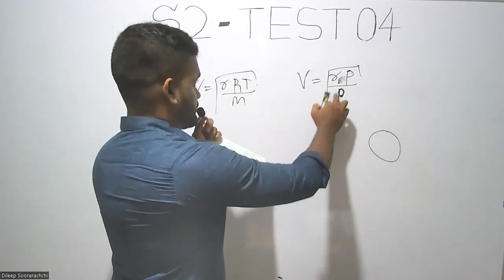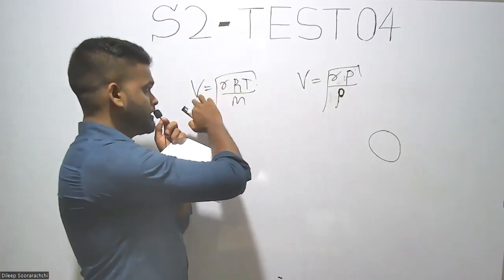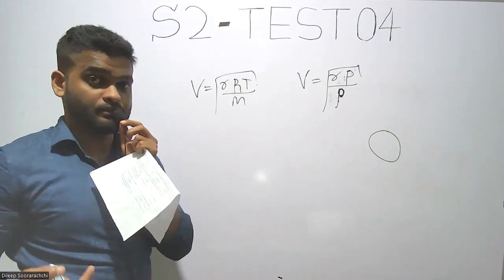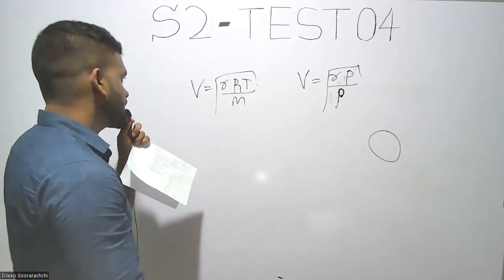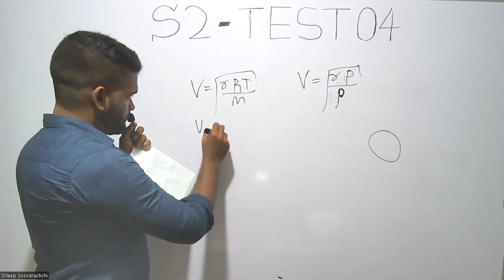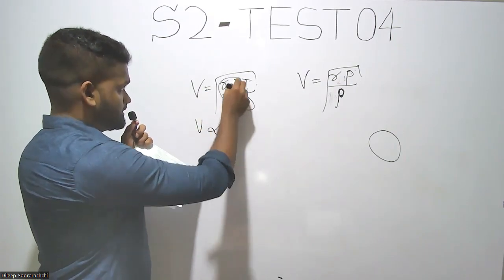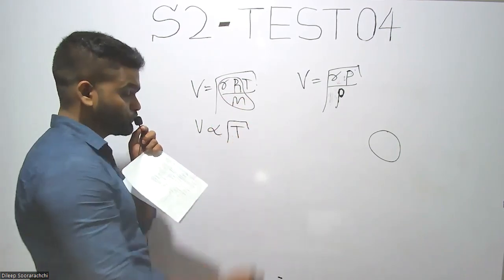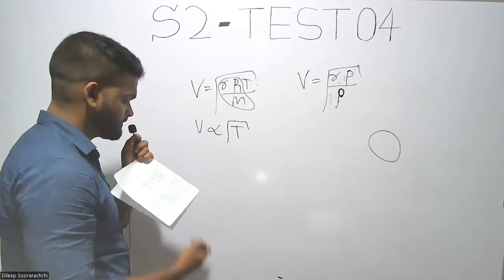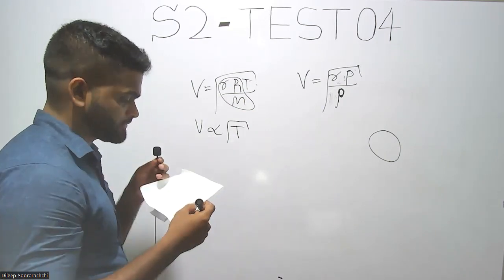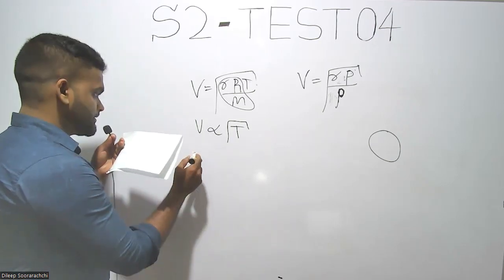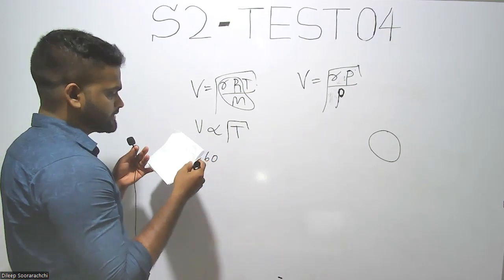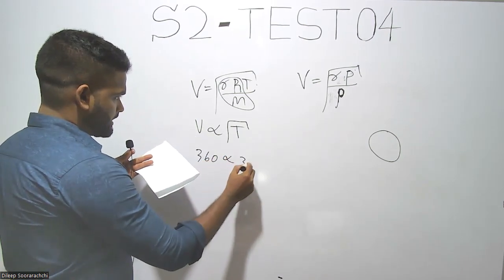Right. So we can say this velocity is independent of pressure. Velocity of sound is independent of pressure. Then we can say this proportionally. These are obviously constants. We can say velocity of sound is proportional to root T, temperature. Okay, then we have to use this one. They have given at 324, speed is 360.